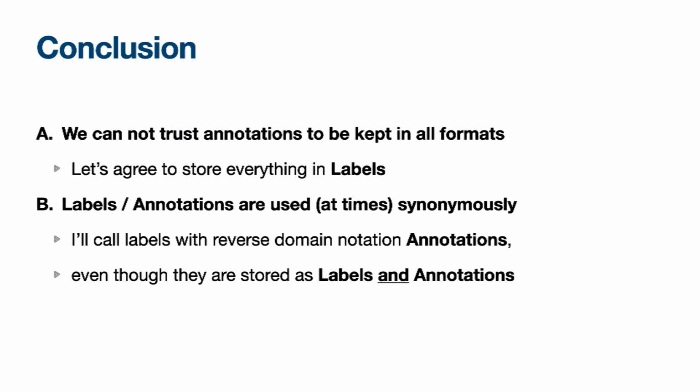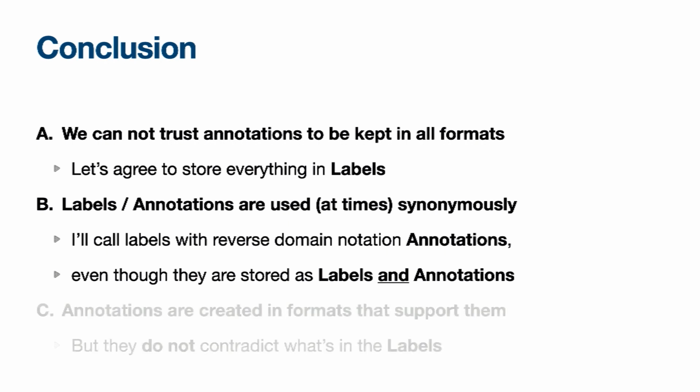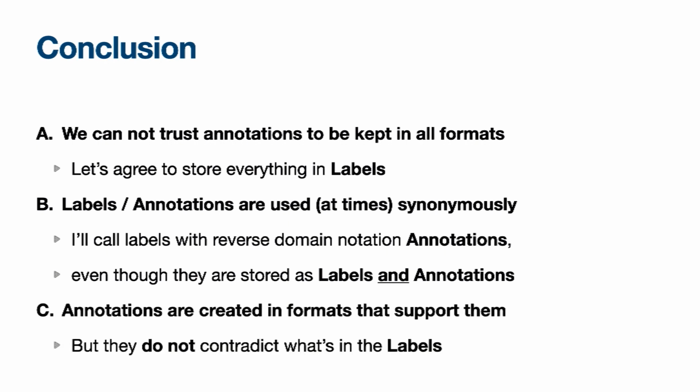From my personal opinion, we use labels and annotations synonymously, and I think we should call labels with a reverse domain notation annotations, and all the rest are just labels. And they should all be stored as labels, as I have in the first bullet point. But if we store them as both, as labels and annotations, annotations should not contradict what's in the labels. That's the third bullet point.